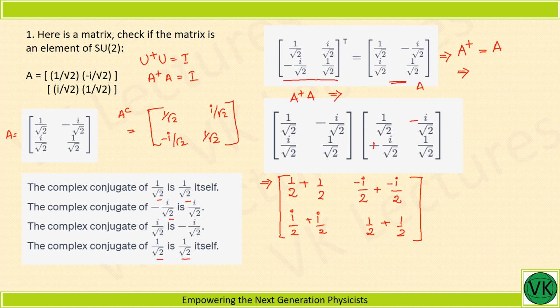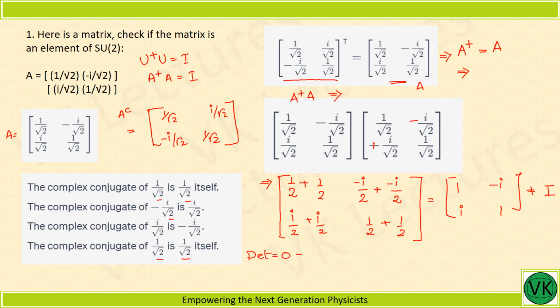A dagger A is equal to the matrix with 1, minus i, and 1. So this is what it is, and this is not equal to the identity matrix I. Now, in the earlier case we found that the determinant is equal to 0.